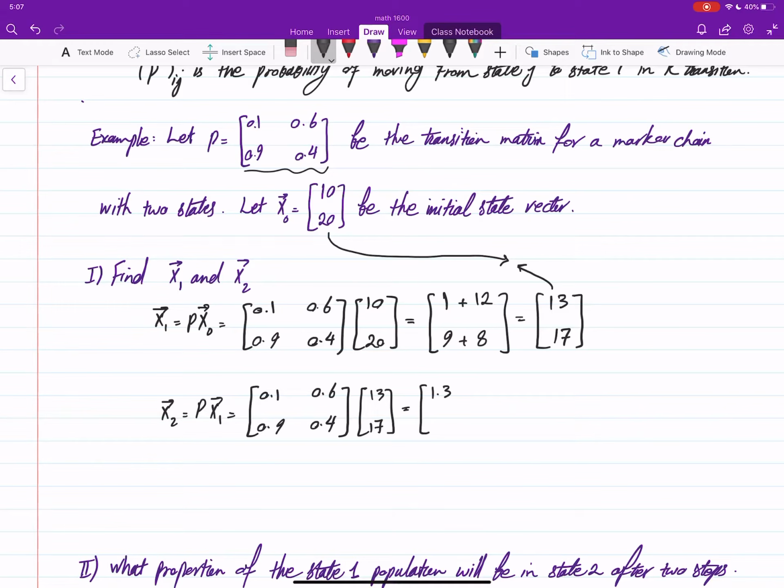This is 1.3 plus 10.2, which is 11.5, and 11.7 plus 6.8, which is 18.5.